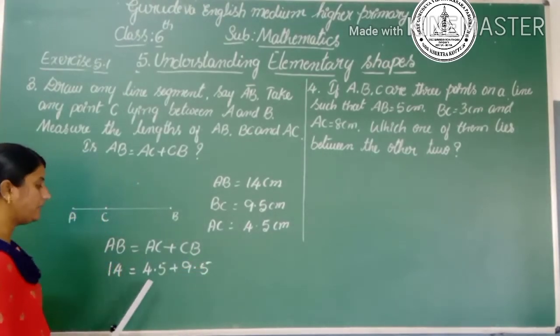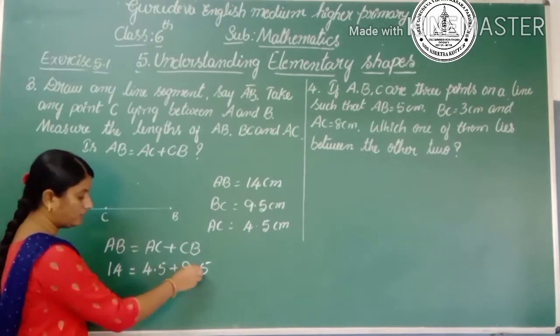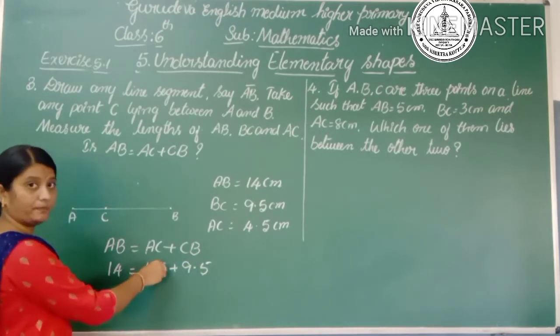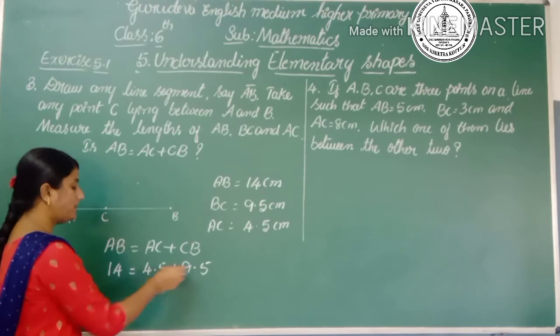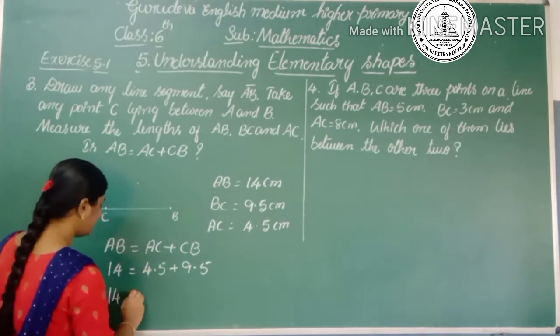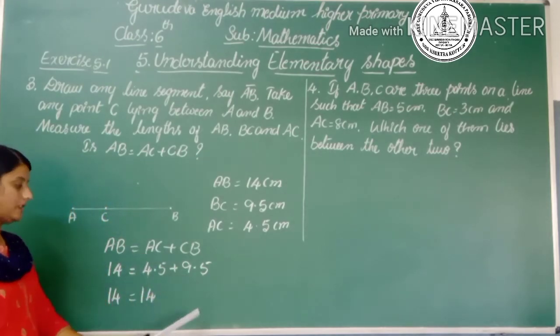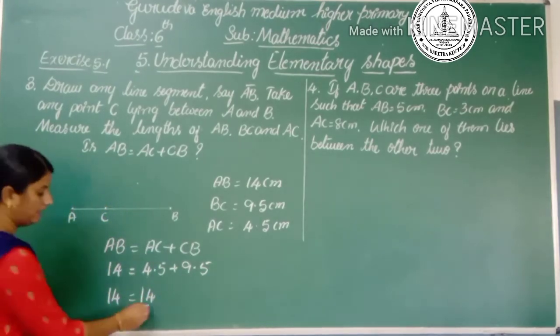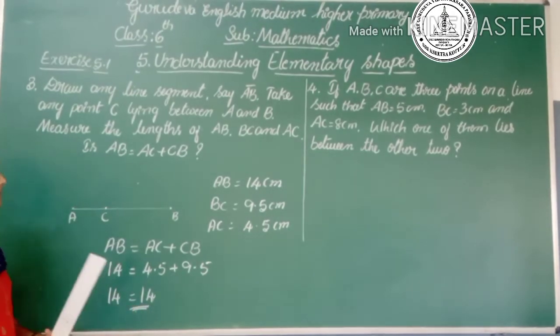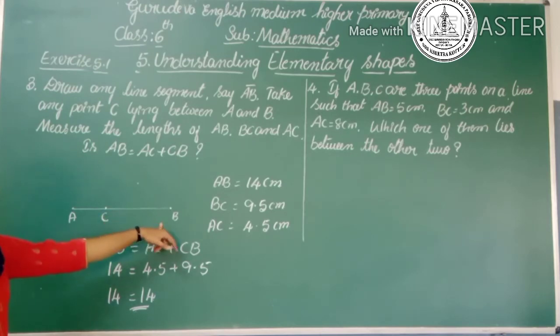What is the sum of these two lengths? 9.5 plus 4.5: 9.5 plus 0.5 is 10, 10 plus 4 is 14. Yes, the length of AB is equal to the sum of the lengths of AC and CB. Why? Because C lies between the line segment AB.